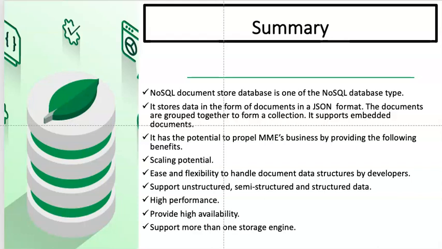They're going to have the ease and flexibility to handle the document data structures by their developers, and it's going to support unstructured, semi-structured, and structured data. It's going to provide high performance, it provides high availability, and it's going to support more than one type of storage engine.